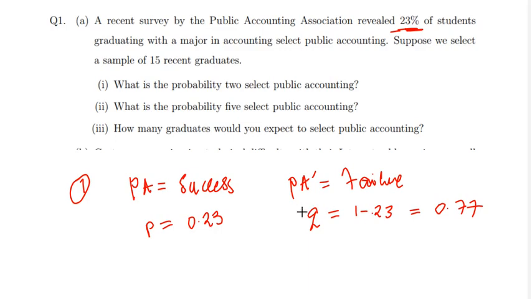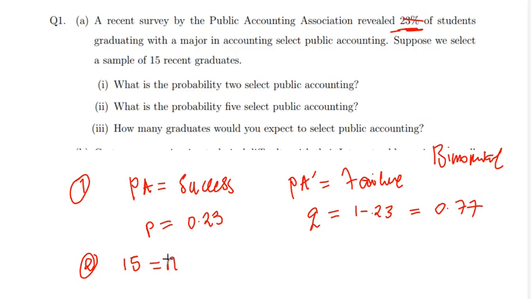So when you have these two scenarios, we are leaning towards a binomial model. One thing that shows us it's a binomial model is that we are dealing with a sample of 15 recent graduates. So already we have a number of trials, which we're going to label as N. This is basically how many times we carry out this experiment.